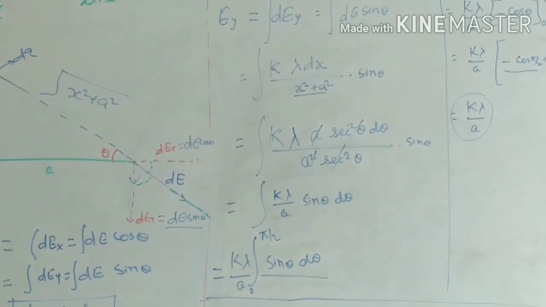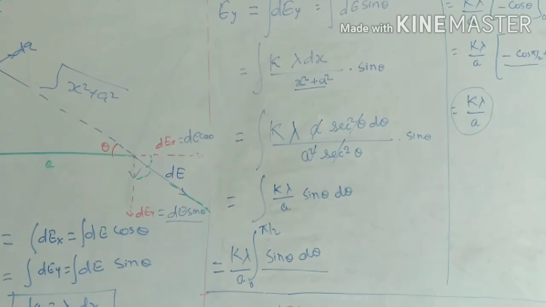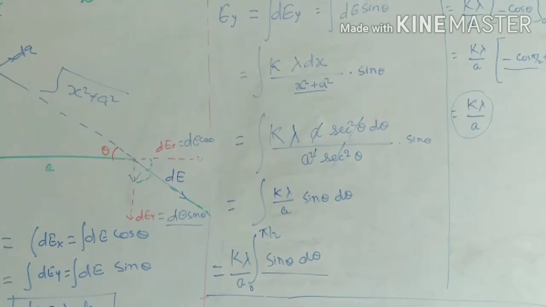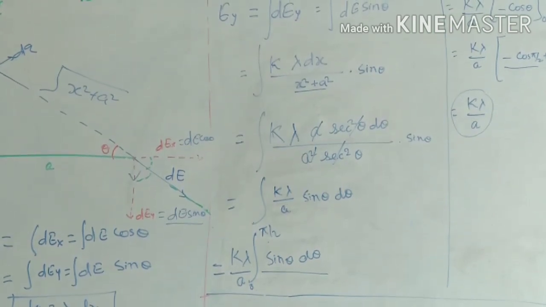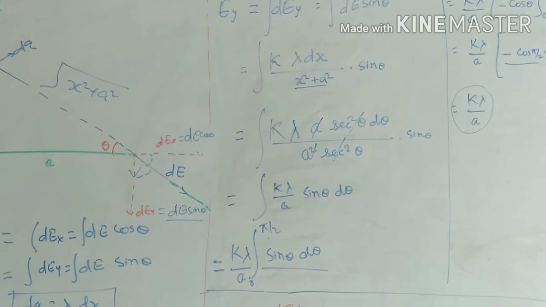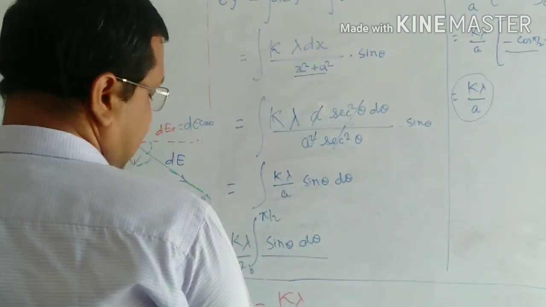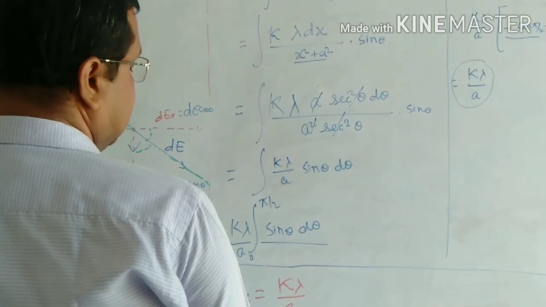So now we can calculate the net electric field. What is the magnitude of net electric field? That is the square root of Ex square plus Ey square, because these two are perpendicular to each other. We have k lambda by a as Ex and k lambda by a as Ey.